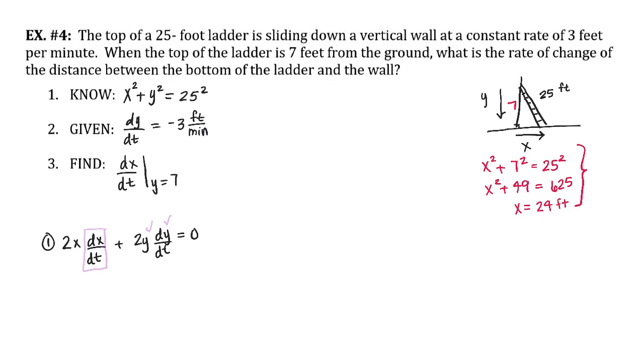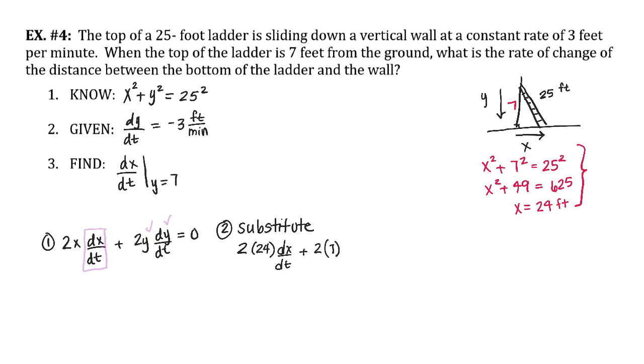Alright, so now our second step, after we have all of this, we need to go back and substitute. So that was always our second part of this. In our substitution, we know 2 times x, and we just found our x value to be 24, times dx/dt, plus 2 times y, and y was 7.